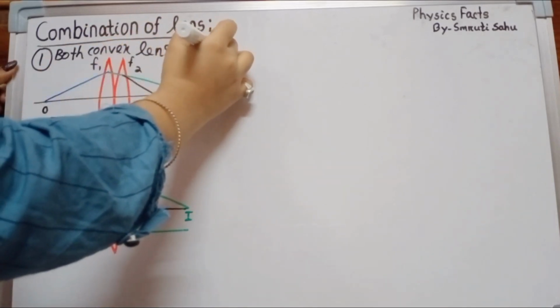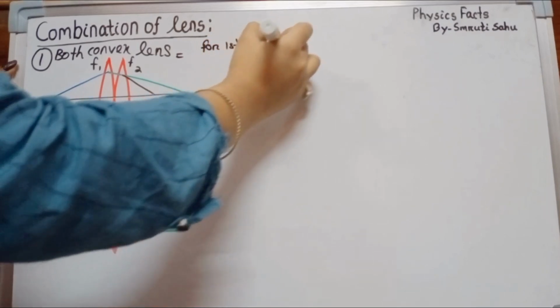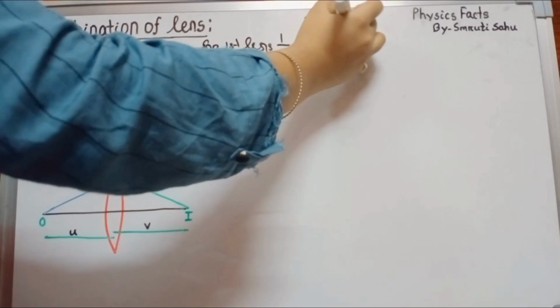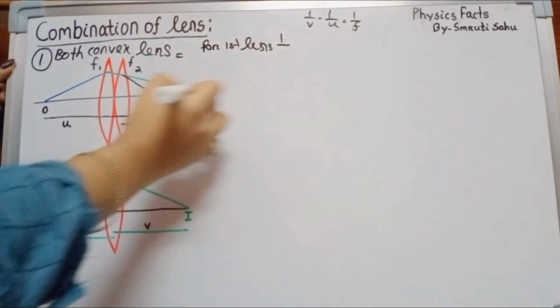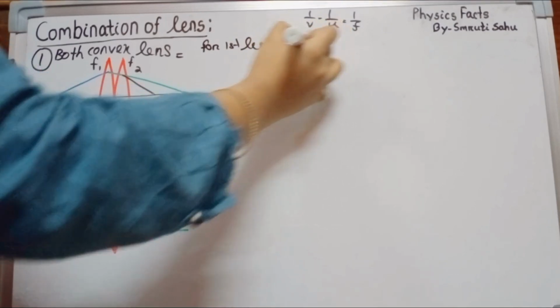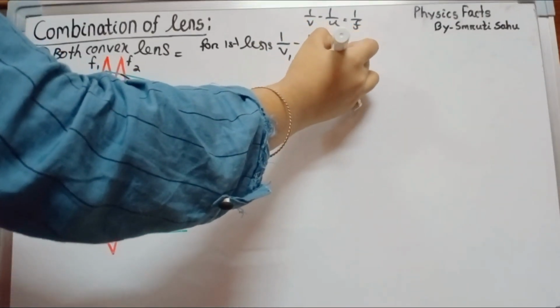So for the first lens, what we got? We know the lens formula 1 by v minus 1 by u equals 1 by f. So here v equals v1 and the object distance is u. 1 by v1 minus 1 by u equals 1 by f1.